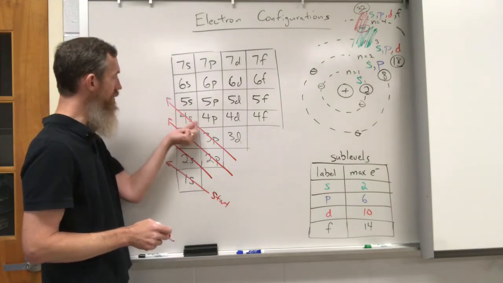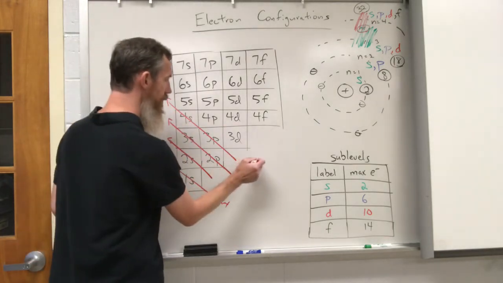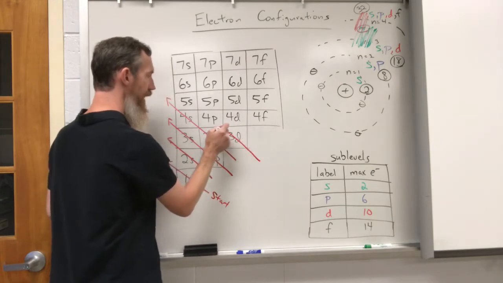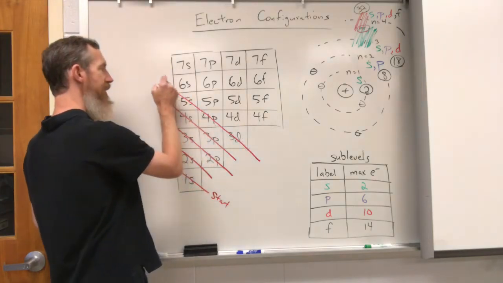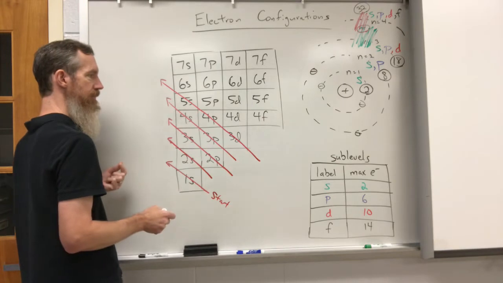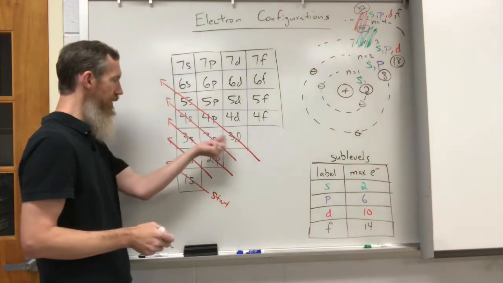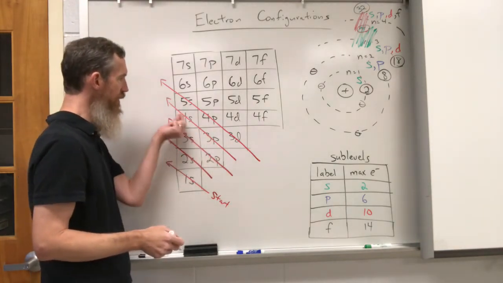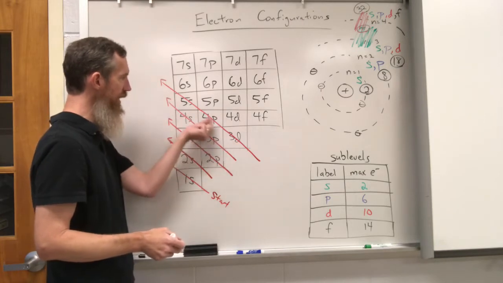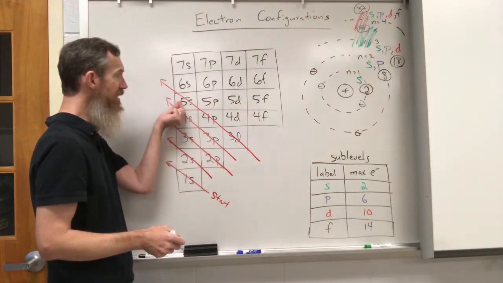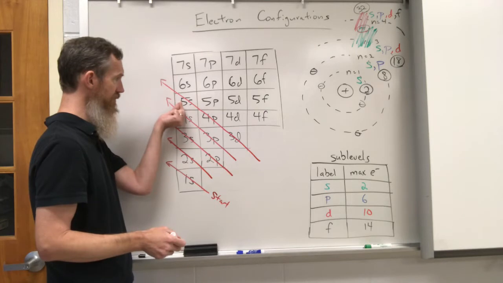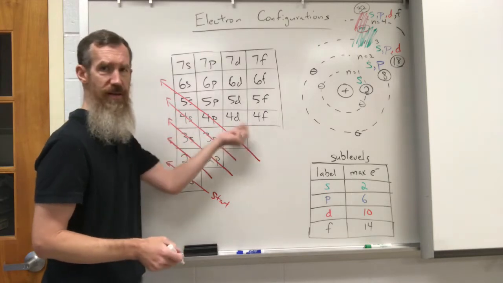When that arrow ends and the 4s is filled in, then we go to the 3d. Then the 4p. Then the 5s. After this transition, we went from the 4th energy level to the 3rd energy level, back to the 4th, now to the 5th. We started the 5th. We didn't finish the 4th, I mean.